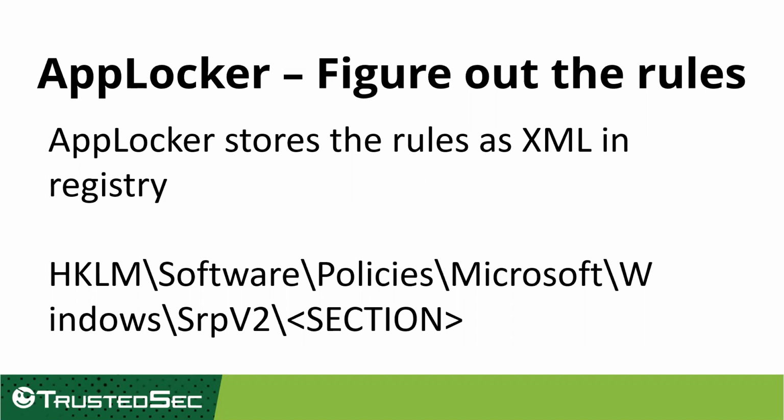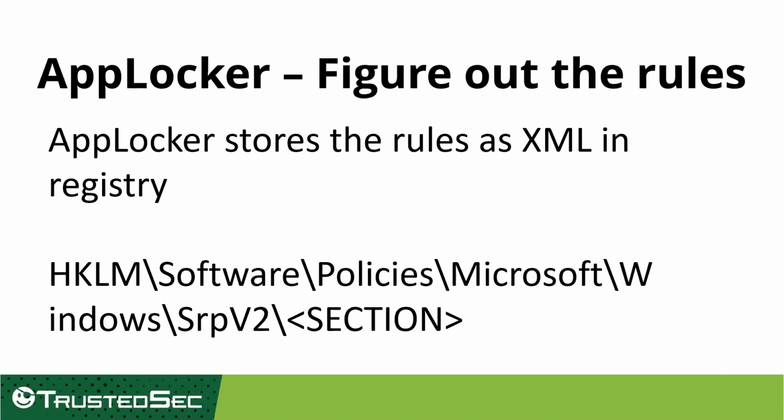AppLocker stores all the information on the client in the registry, as XML blobs under HKLM\Software\Policies\Microsoft\Windows\SrpV2, and there's a key for each section.